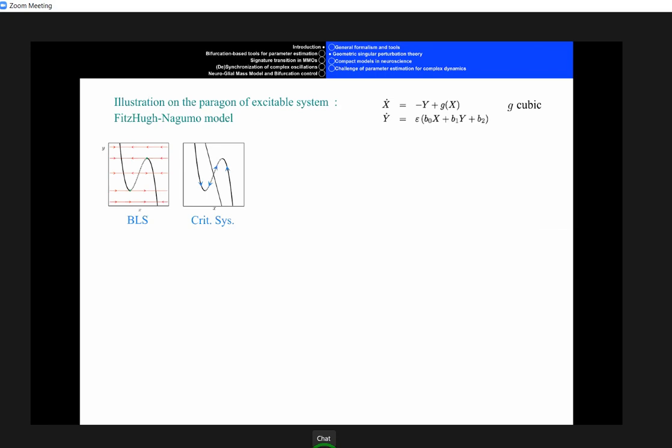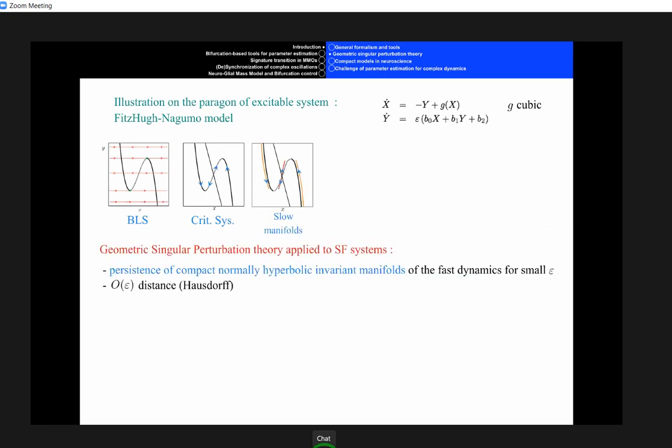To understand what happens for the whole system for epsilon small but not equal to 0, we apply geometric singular perturbation theory, meaning the persistence of what we call compact normally hyperbolic invariant manifolds for small epsilon.